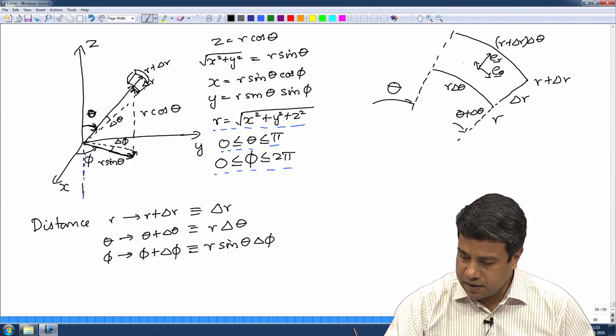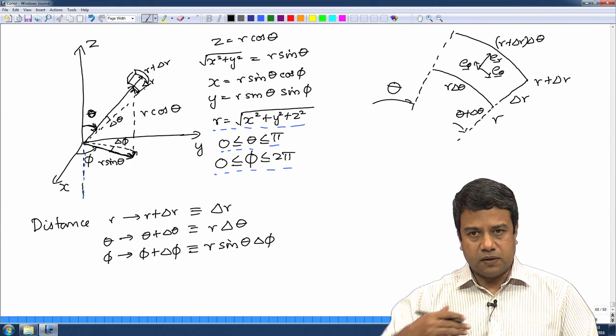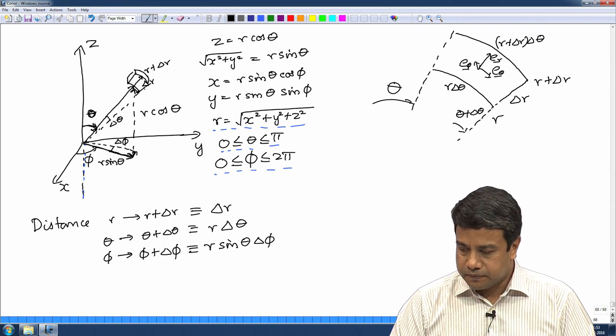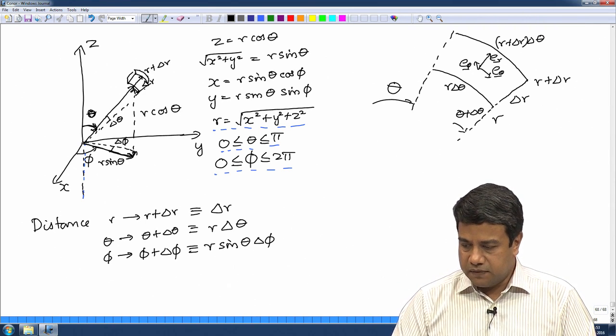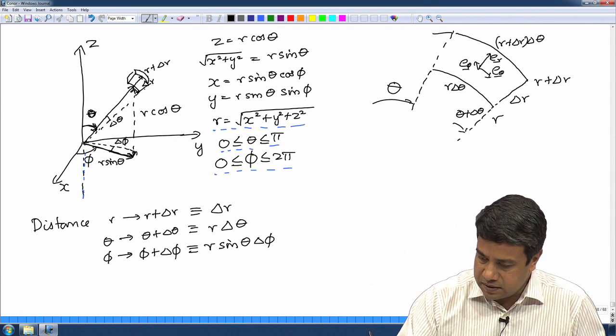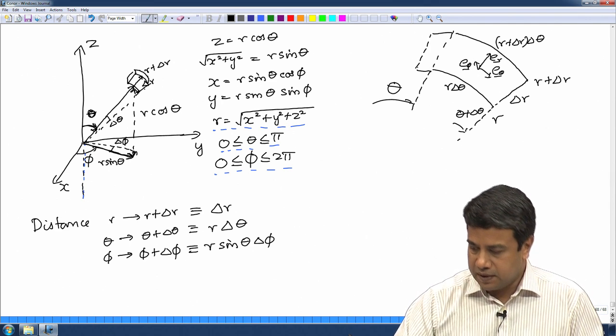It goes along the xy plane. So in the phi direction, if you increment by a small angle phi, you get something that goes like this.